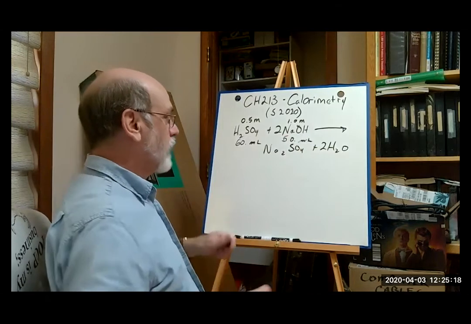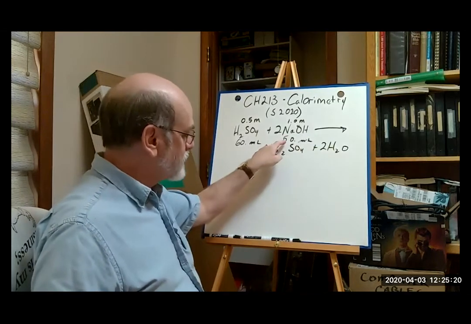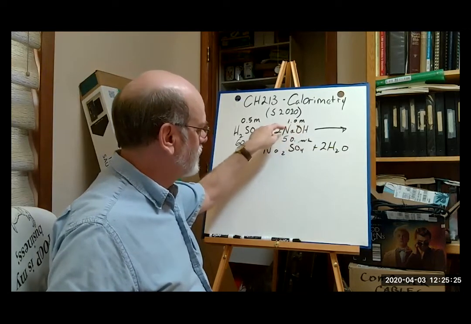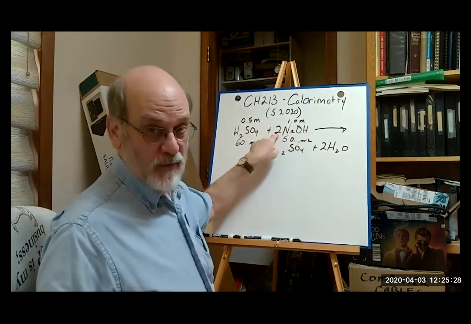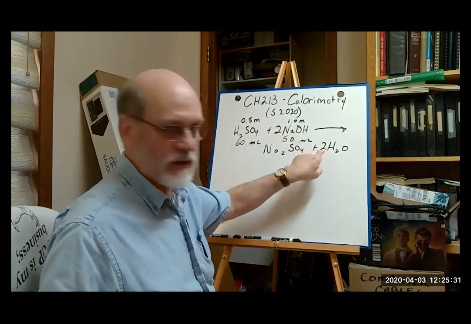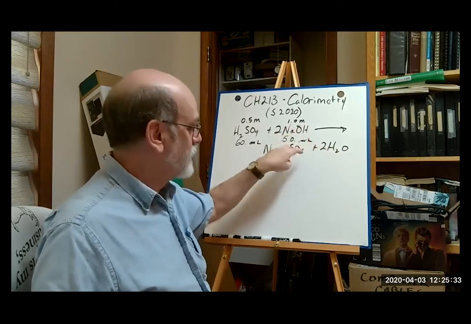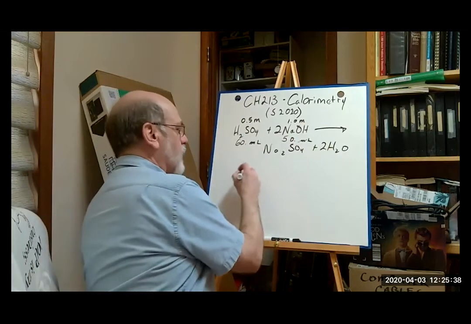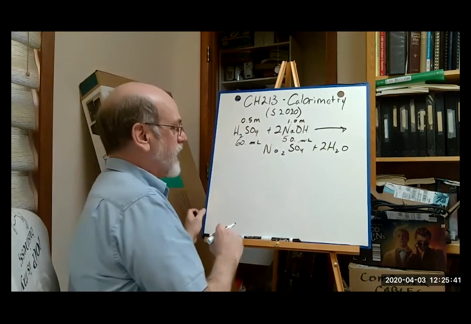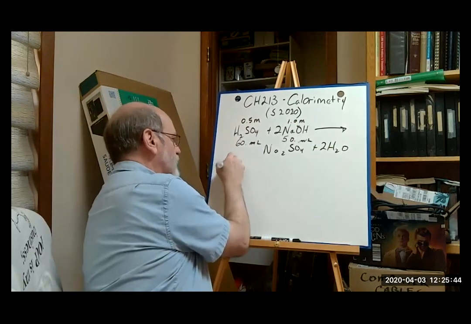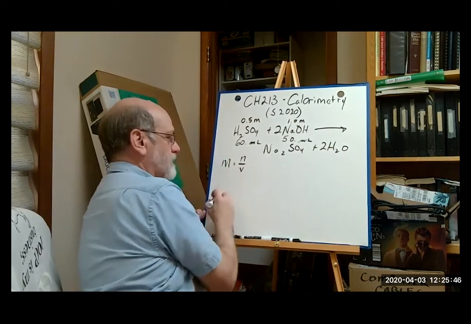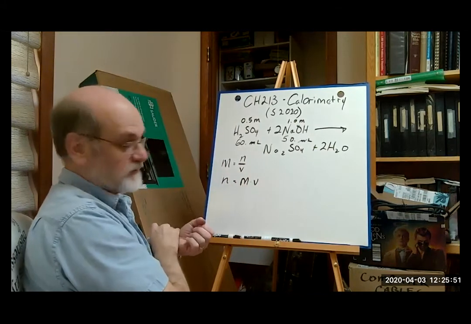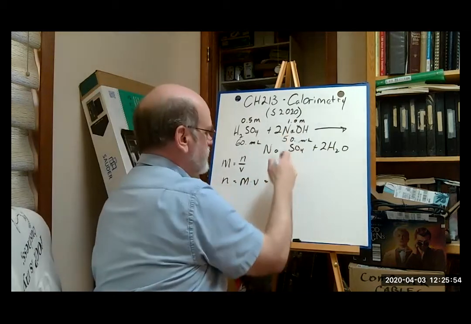So how much water is produced in this reaction? Which one's limiting? We know that this one is limiting. So if we find out how many moles of sodium hydroxide, we know that's the same number of moles of water because it's 2 to 2. The ratio is 1 to 1. So how do you find the moles of sodium hydroxide? Molarity, remember, is moles per unit volume. So the moles is equal to molarity times volume.